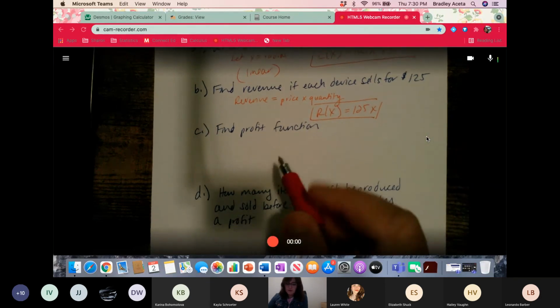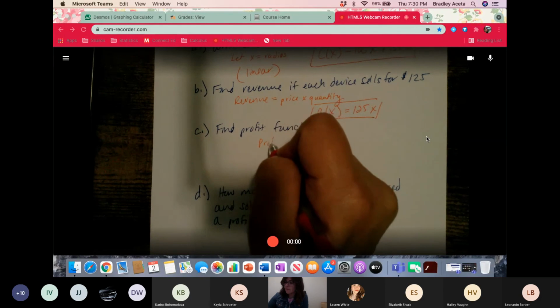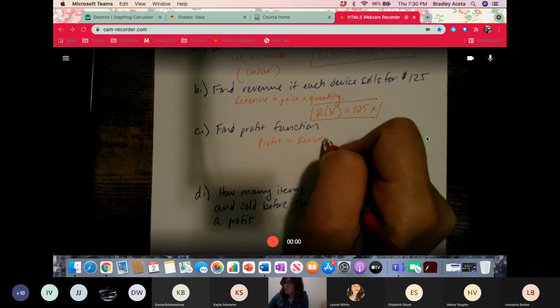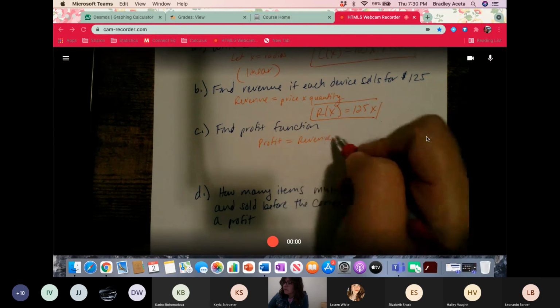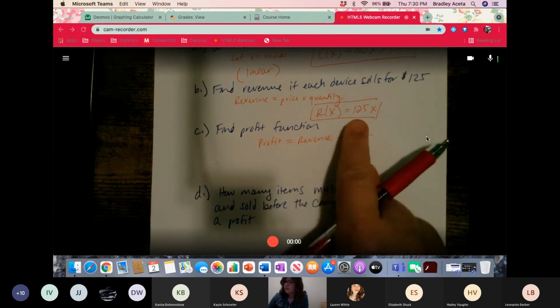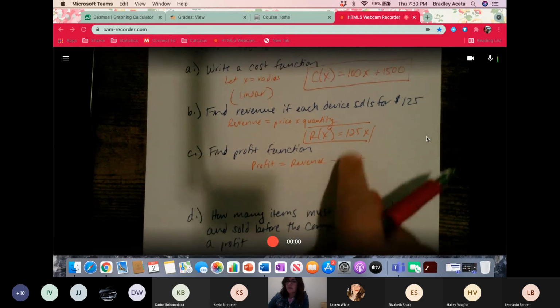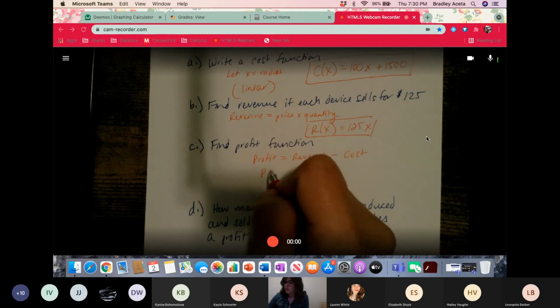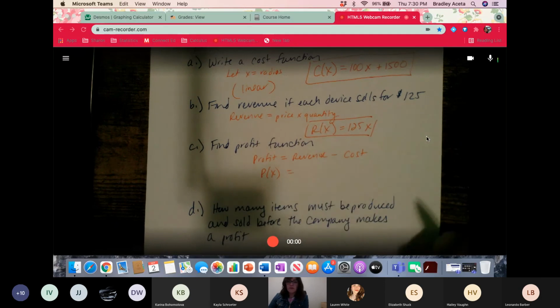Your profit function is equal to your revenue minus your cost. So we're going to call it P of x for profit.